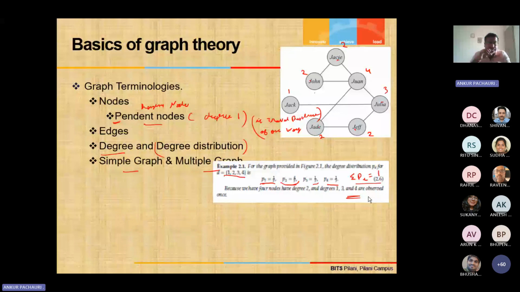This is based on the structural property. This distribution of the graph is based on the structural distribution. So if I have to convert the graph into the form of a distribution on the basis of the structural information, then I can use the concept of degree distribution, and I have converted the whole graph into the form of a distribution.